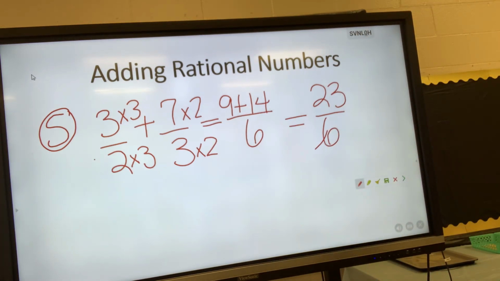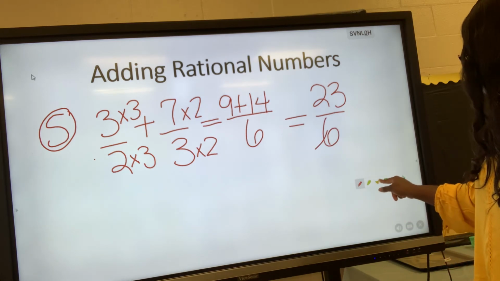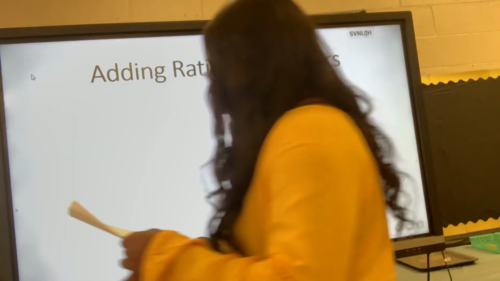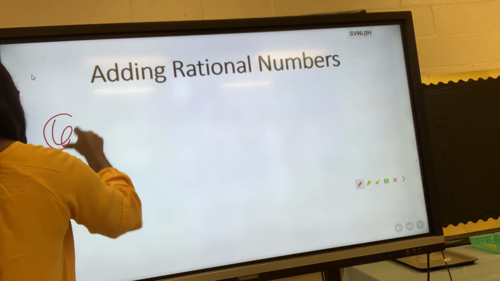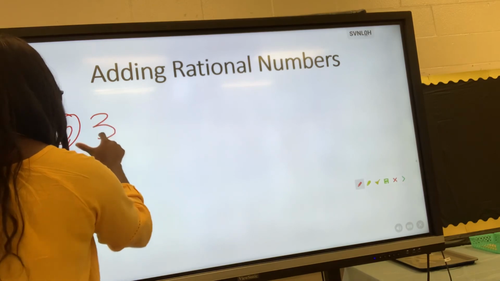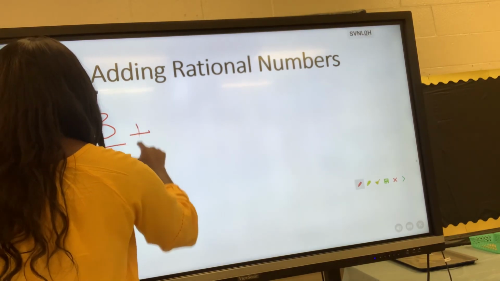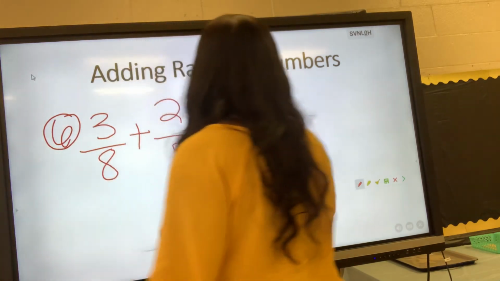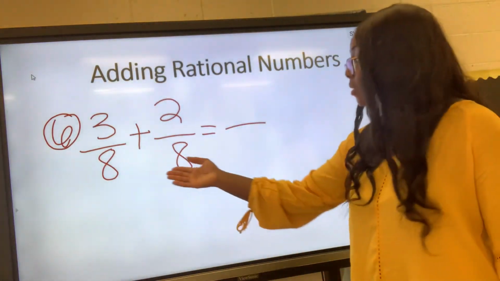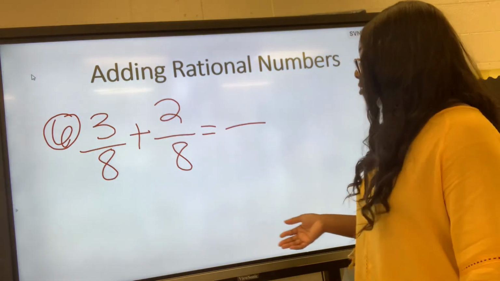Now let's do some that have the same denominators. So our first one, let's call this number 6. Our first one is going to be 3 over 8 plus 2 over 8. Now, this one is really simple because they both have the same denominator.